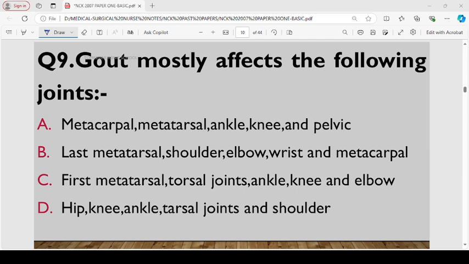We have option number 2, nurse B. It's incorrect as the first metatarsal is more commonly affected than the last, right? So that makes it wrong. Nurse D talks about the hip. It's incorrect as the hip and shoulders are rarely affected by gout, right? So gout majorly affects the first metatarsophalangeal joints, tarsal joints, ankle, and elbow. So that makes option C more appropriate.